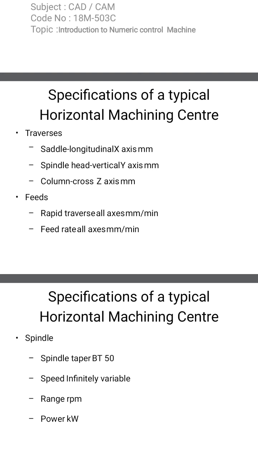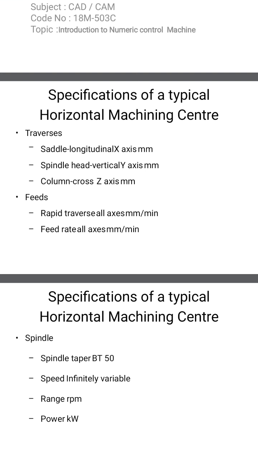Next, cutting feed rate in mm per minute or meters per minute. Chuck size, how big the chuck is. Depending upon the job diameter, the chuck should be larger than our job, then only we can fix it. So chuck size in mm, main spindle motor in kilowatts, number of tools.